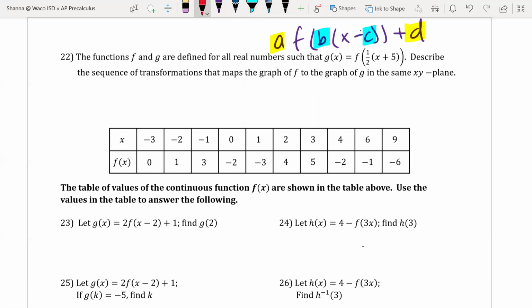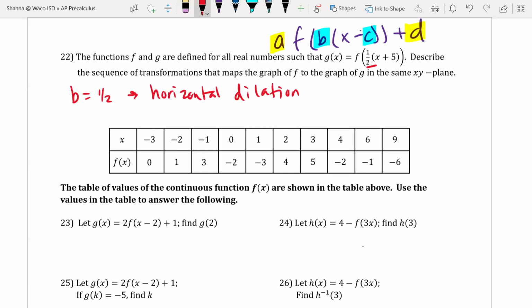All right. So based on what we know, describe my transformations here. What was I given? A dilation by 1/2. What kind of dilation? Is it an X or a Y? X. So therefore it's a horizontal dilation. We have our B equals 1/2, which means that we have a horizontal dilation.